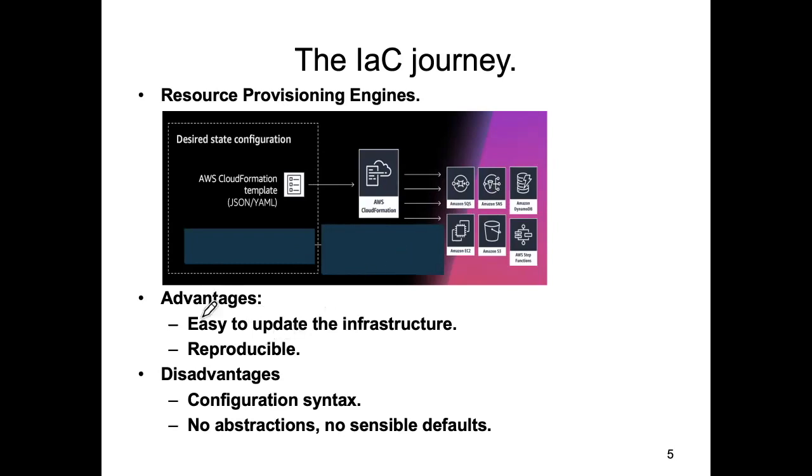So the advantages it had was it was actually quite easy to update your infrastructure. To update your infrastructure, you just went to your template and you made the necessary changes, because the template now is just a declarative statement. Let's say it's just written in JSON.